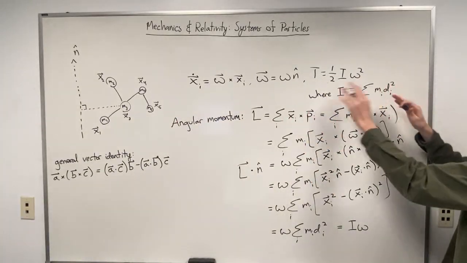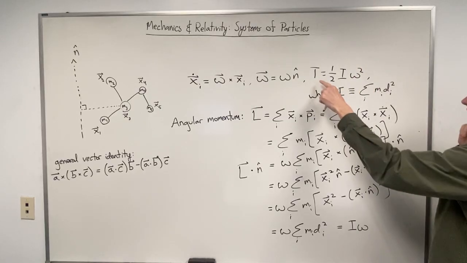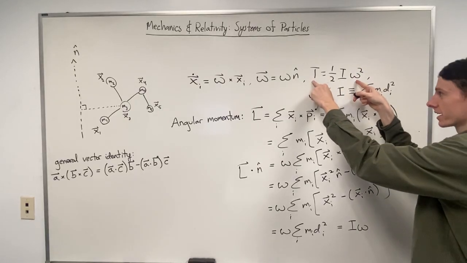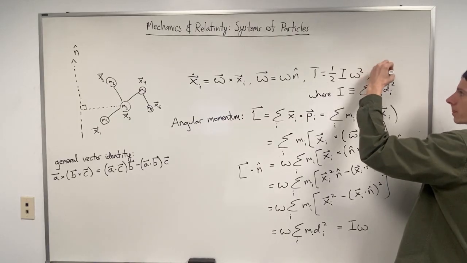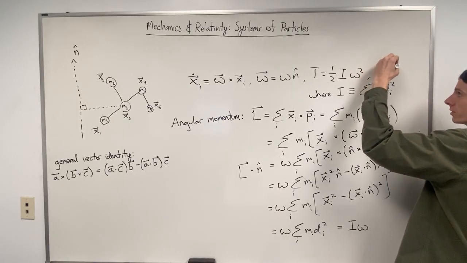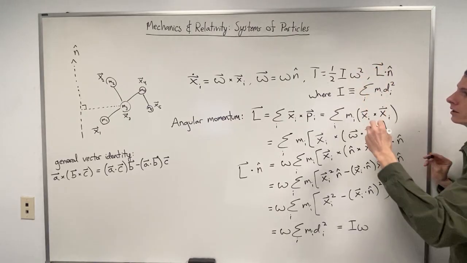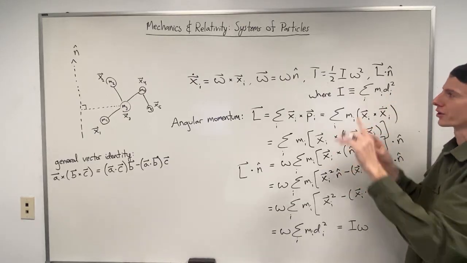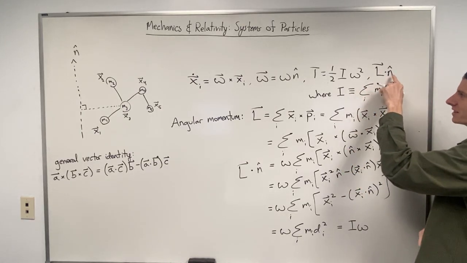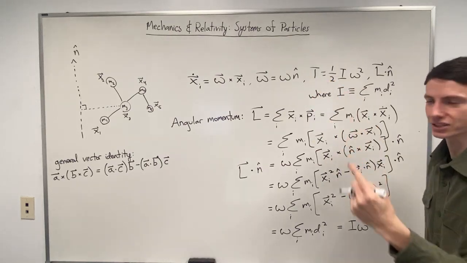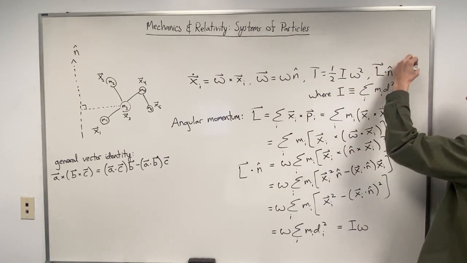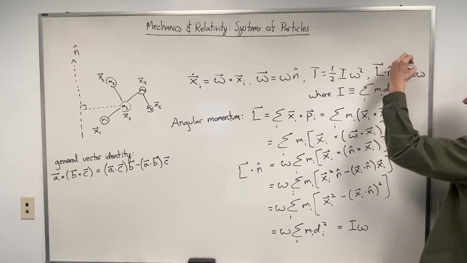So to add on to our list of results here, this is the rotational kinetic energy, 1/2 I omega squared, and now the component of the angular momentum that is along the axis of rotation is I omega.